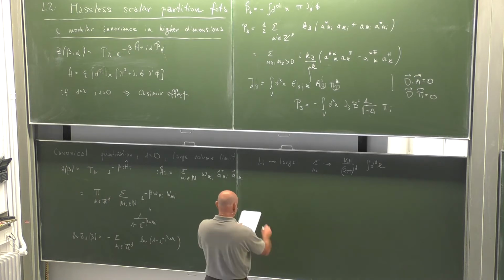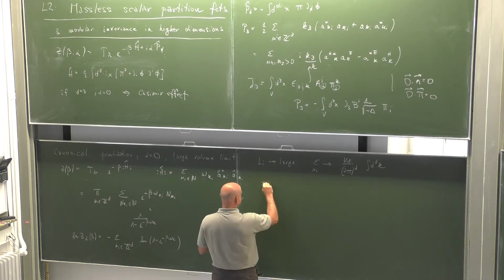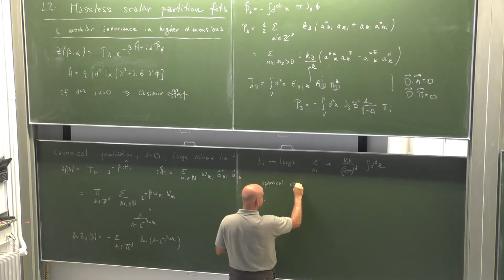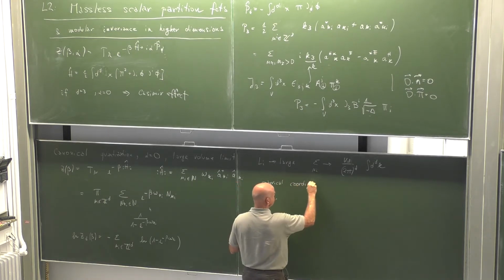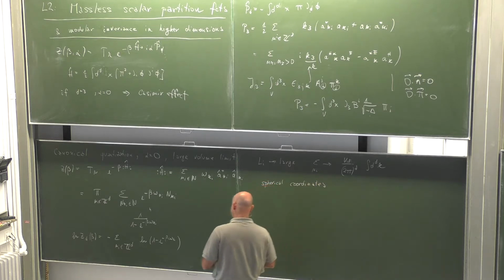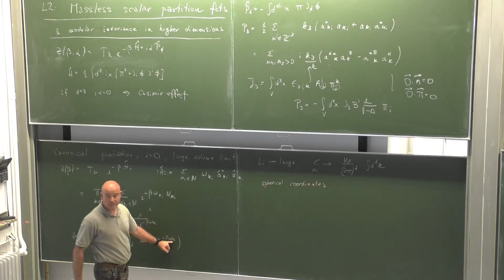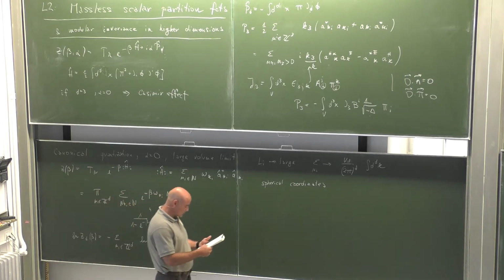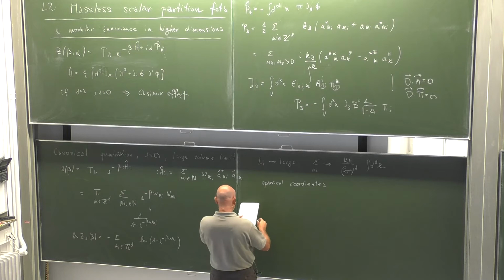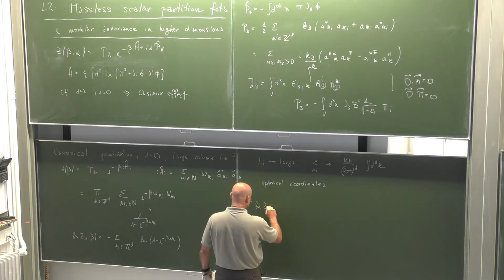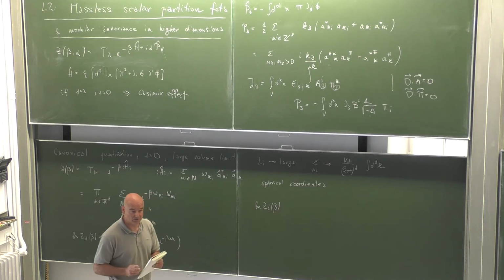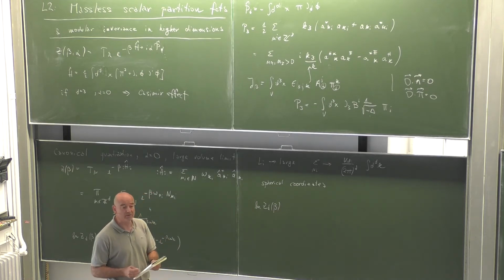Okay, so, and then you go to spherical coordinates, because you can go to spherical coordinates because this only depends on the modulus of k and not on any angles. And then you get to use this formula that you teach your students when they have to do dimensional regularization, which is what is the volume of the sphere in d-1 dimensions, right?